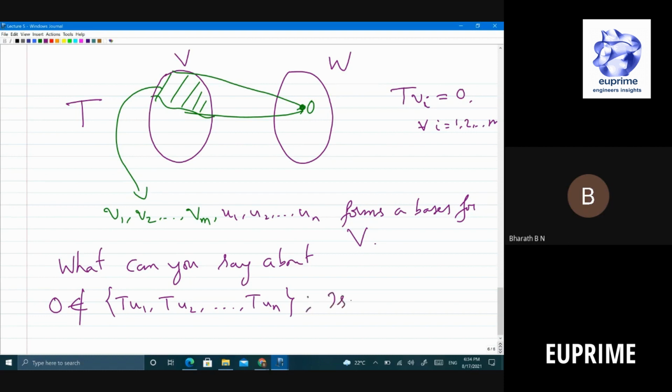So is it linearly independent? How do you verify this? Let's verify. Okay. So how do you verify that this is linearly independent? Well, all that I have to do is take a linear combination of these vectors, any linear combination, equate it to 0, then the coefficients should be 0. Do you agree with this? Okay.